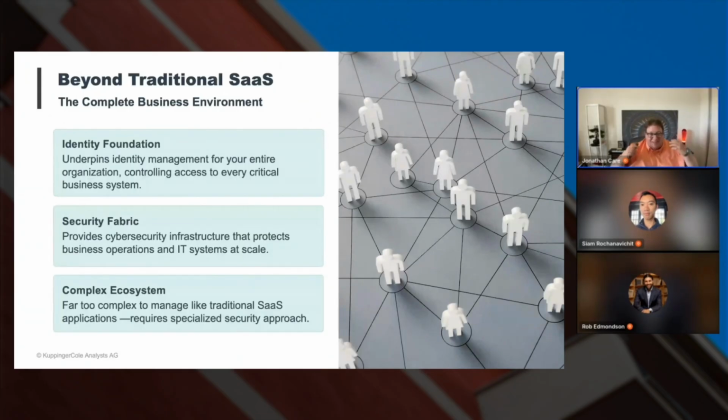This gives us a complex ecosystem, and I cannot underemphasize the complexity. It's not a single purpose SaaS application. It is an intricate web of interconnected services, data flows, and configurations. This complexity means it cannot be secured or managed with the same traditional approaches used for simpler applications. It demands a specialized and integrated security strategy.